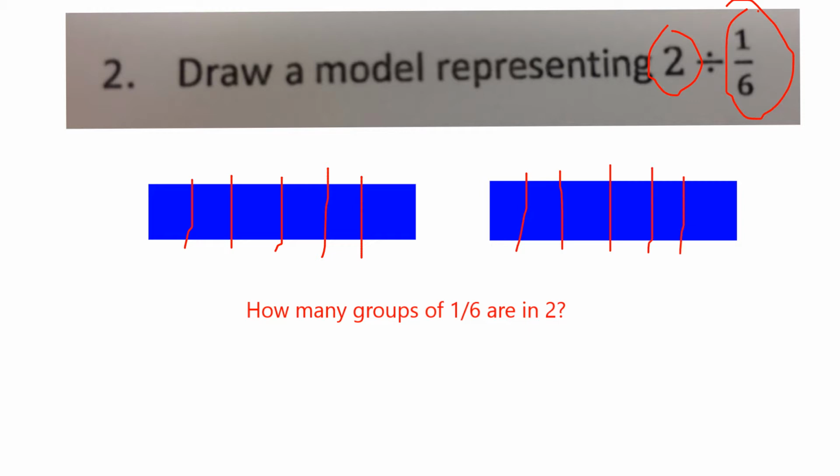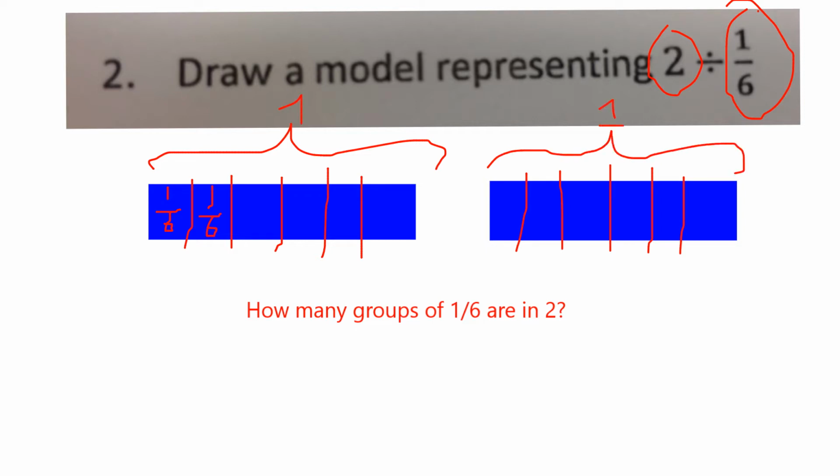So now this one whole here has been split up into 1/6 here, 1/6 here, and so on and so forth. And this other whole has also been split up into 1/6 parts.